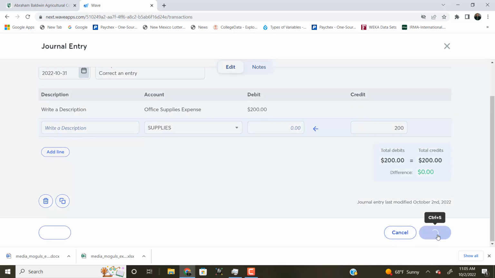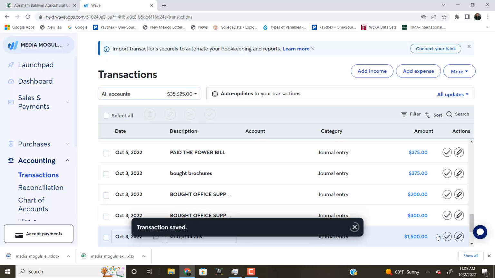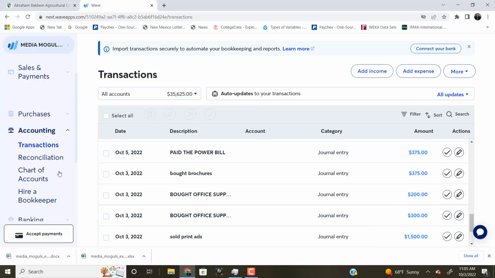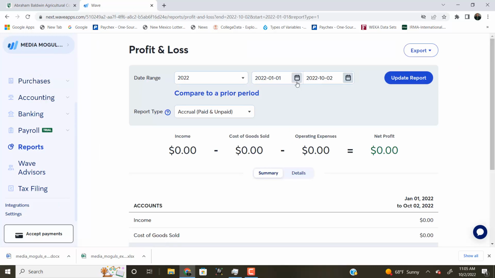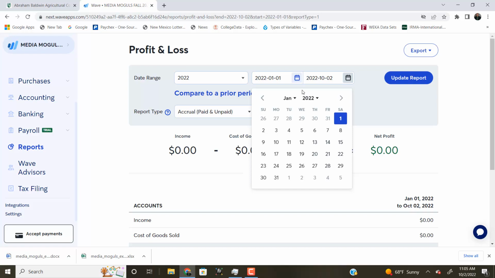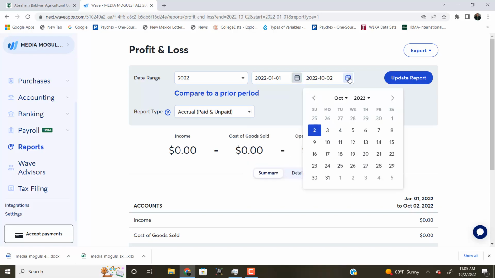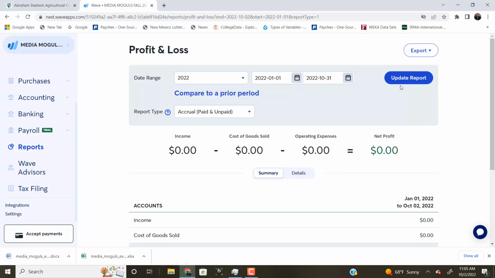And when you make that entry in October, what you're going to end up with then is, if I look now back over to reports and do the profit and loss again, and every time you do this, you have to, because they don't know which date you're going to be looking at, go to October the 31st, update the report, and now you see it's 79.25. And the assets would be correct on the balance sheet as well. That asset for $200 would be eliminated. But we have a lot more office supplies, so it would just go down by 200.